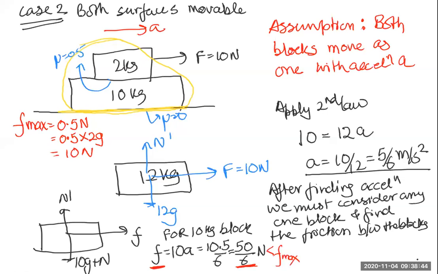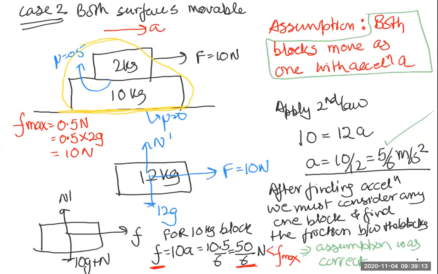If it is less than F max, then my assumption was absolutely correct. So this implies that the assumption was correct. And if the assumption was correct, then this is the answer. Both the blocks move as one with acceleration a is equal to 5 by 6 meter per second squared.